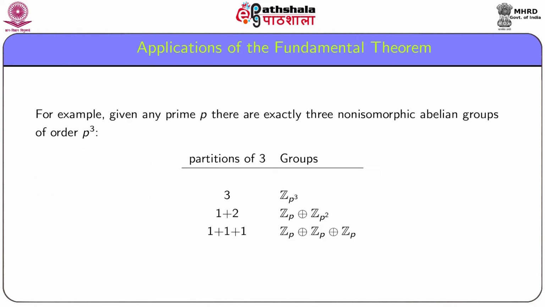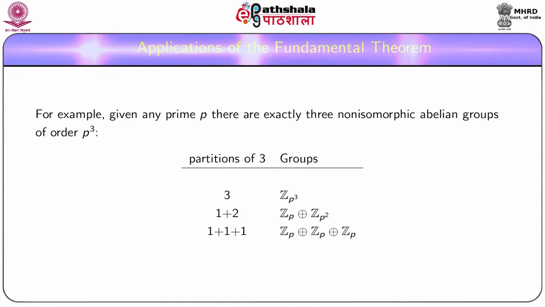For example, we show that given any prime p, there are exactly 3 non-isomorphic abelian groups of order p cube. Note that there are only 3 partitions of 3, namely 3, 1 plus 2, 1 plus 1 plus 1.